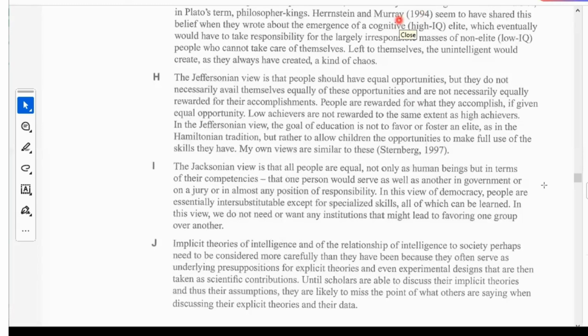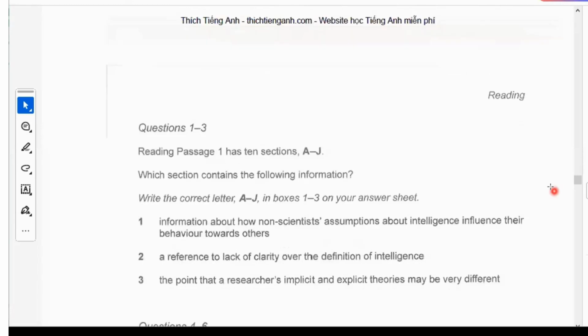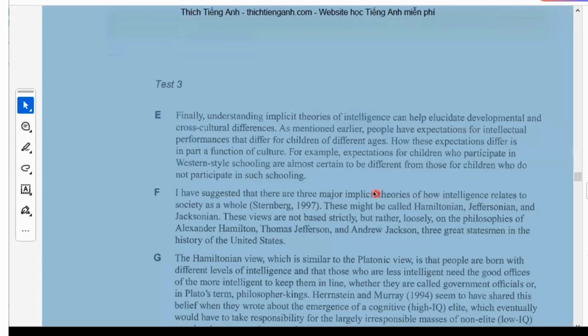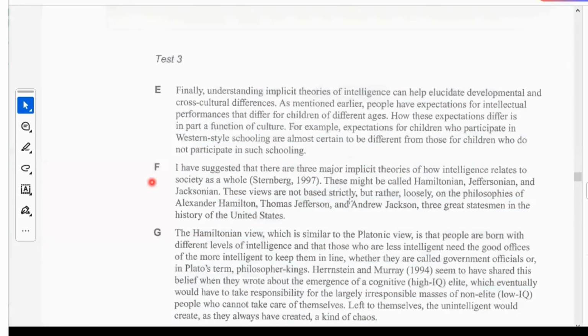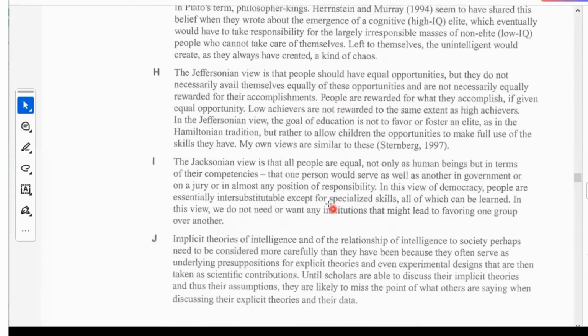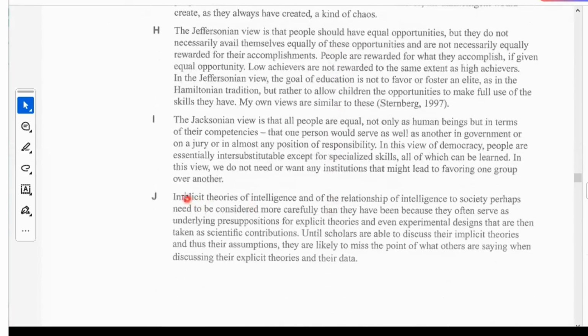Looking at that last question, scholars may discuss theories without fully understanding each other. So, paragraph F, there's nothing about discussing theories here. Scholars, I can't see scholars here. Okay, discuss theories is not there. G, H, and I definitely will not contain that. Let me check J. Implicit theories of intelligence. Okay, they often serve as underlying presumptions.